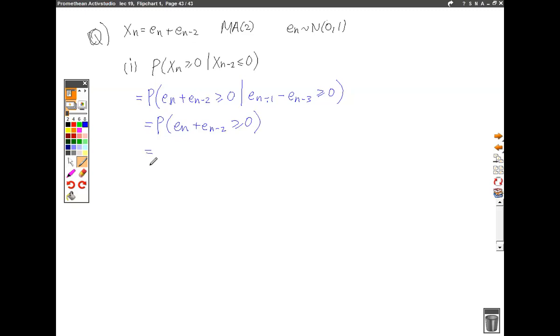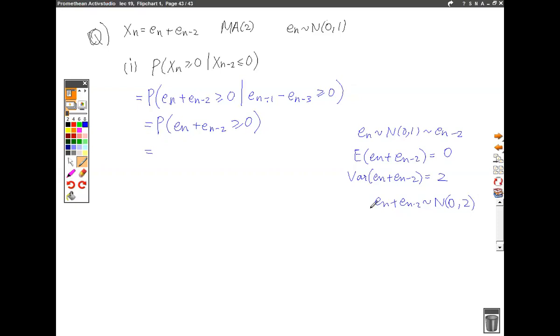And I know that my εn follows a normal 0, 1. So if my εn follows a normal 0, 1 and such is my εn−2, then my expectation of εn plus εn−2 will be 0 and my variance of εn plus εn−2 will be 2, and I can see that this sum follows a normal distribution with mean 0 and variance 2.